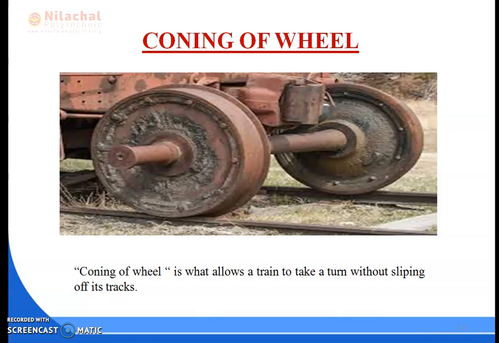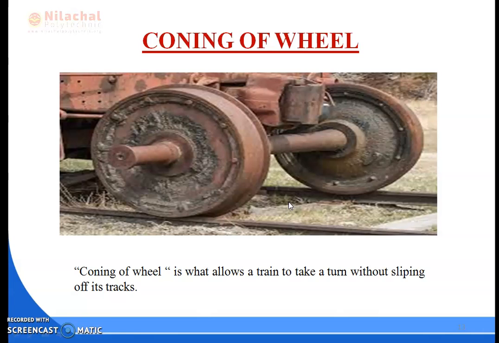It also provides the possibility of lateral movement of the axle with its wheels. And it also prevents the wheel from slipping. In some cases it will slip, but whenever we provide coning of the wheel, there is no chance of slipping.